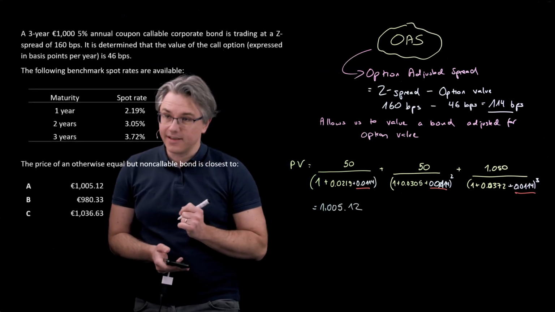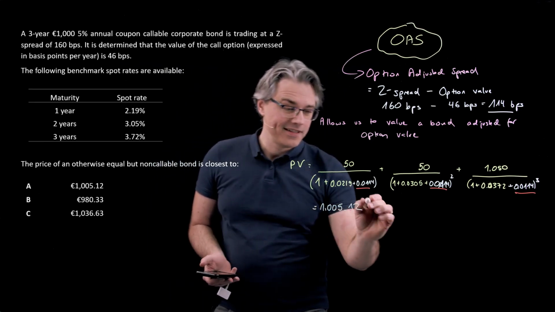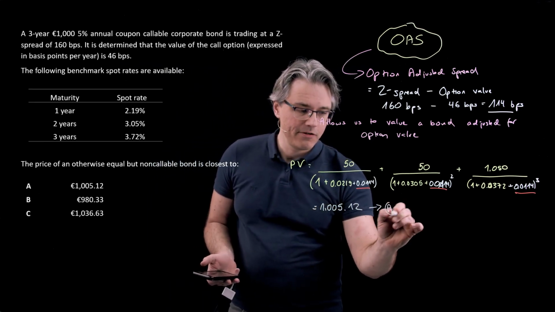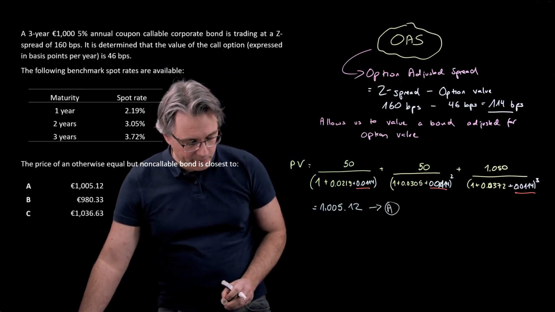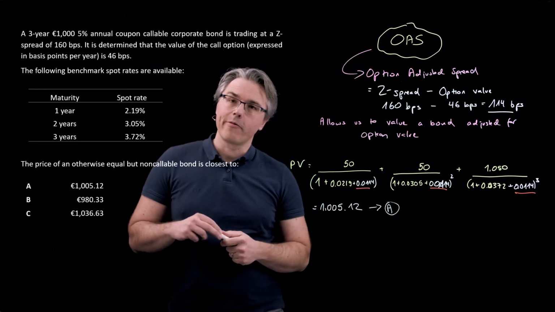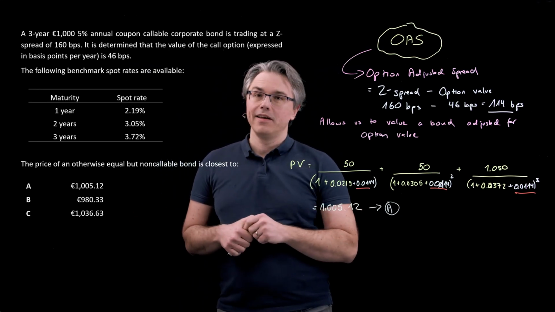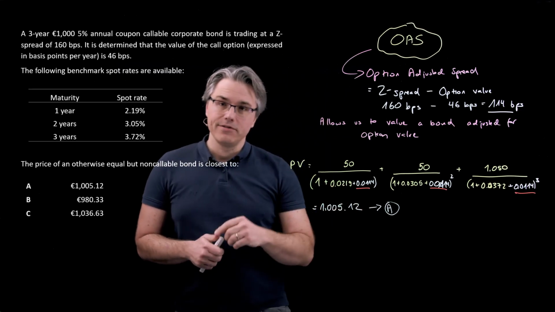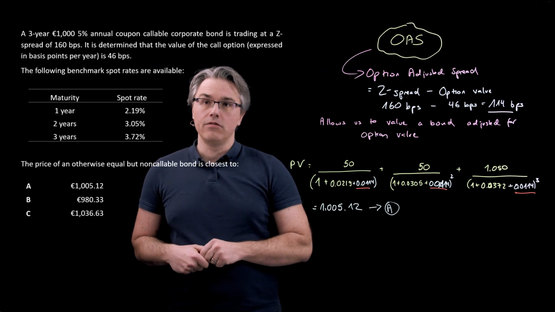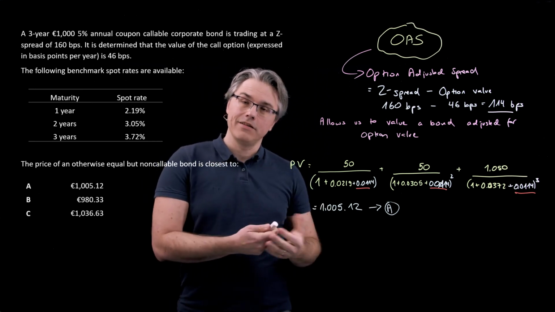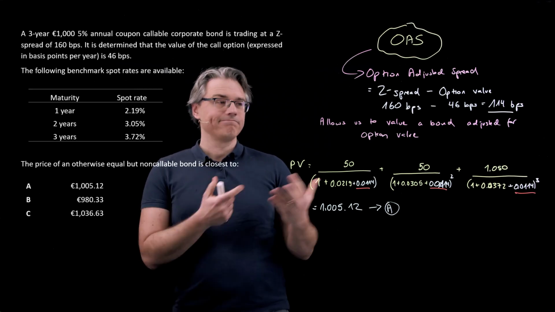And if we check this against the possible answers to the problem, we see that this corresponds very nicely with answer A. So that's a brief question on the OAS, as you need to understand it from the point of view of valuing bonds. We're going to use it especially in a situation where you're supposed to compute the value of a bond if it didn't have the call option built in.